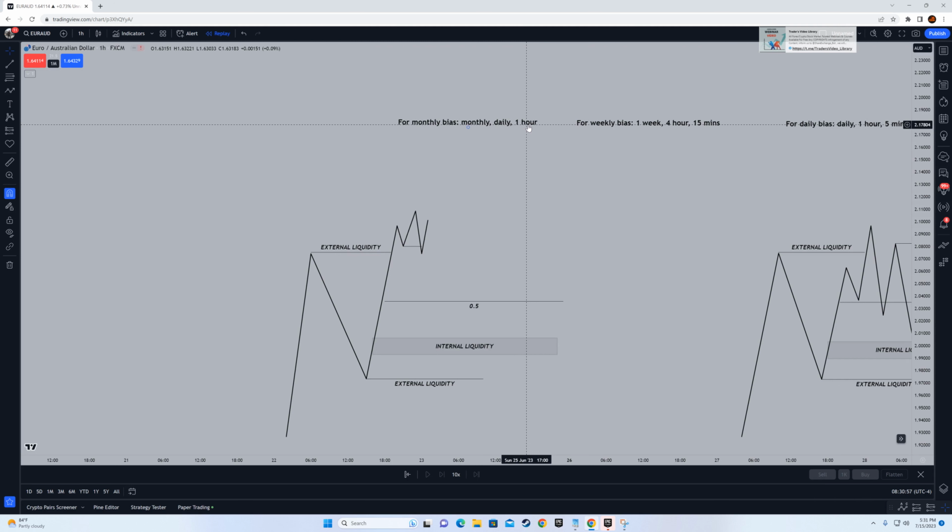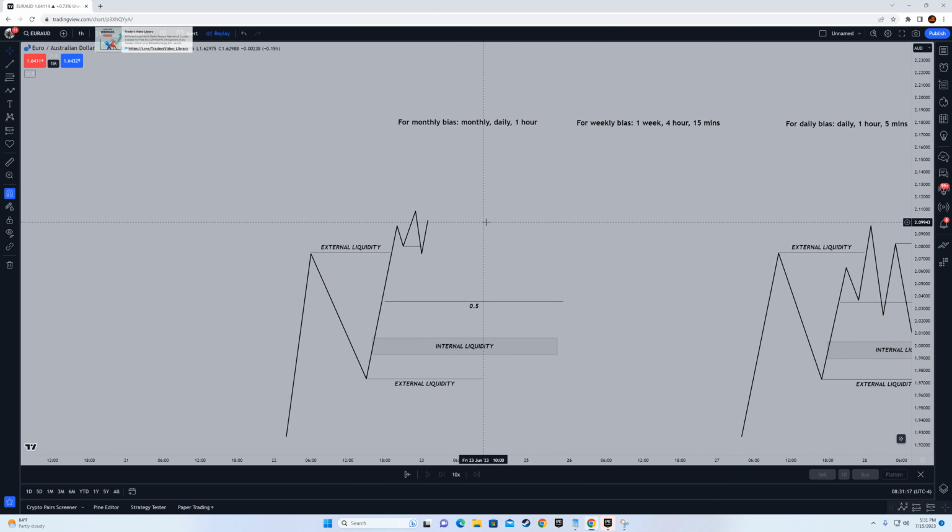I'm going to talk about those later, but once you have a market structure shift, you can take your entry on the daily time frame as well, because we got the market structure shift, so price is going to go down anyways, right? So you can take your entry from, I don't know, this fair value gap over here, or it could be an auto block here. Just remember your target is over here.